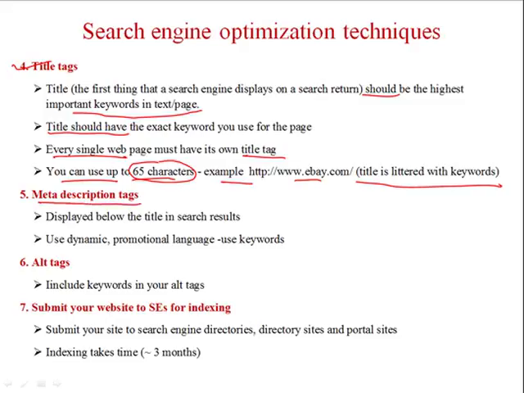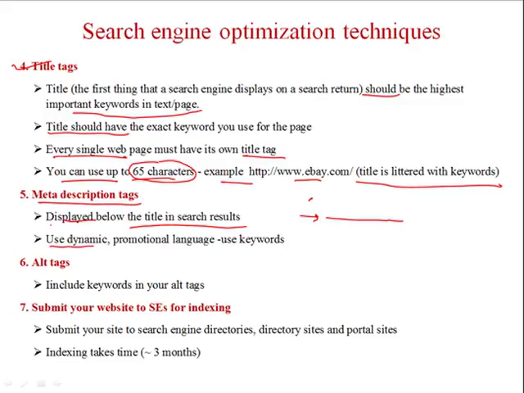Meta description tag. I think you should write something to enhance the readability of your title. For example, suppose your title is like whiteboxtools.com, then you can explain something in a few words about white box tools, and such meta description text is displayed below the title in search results.